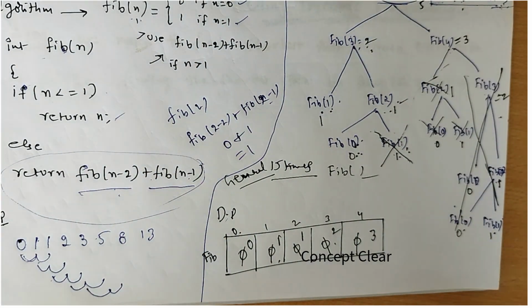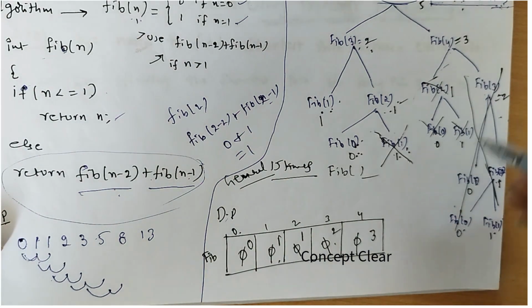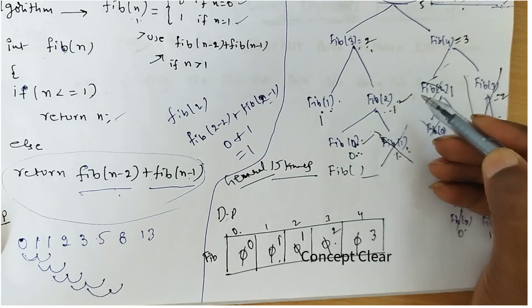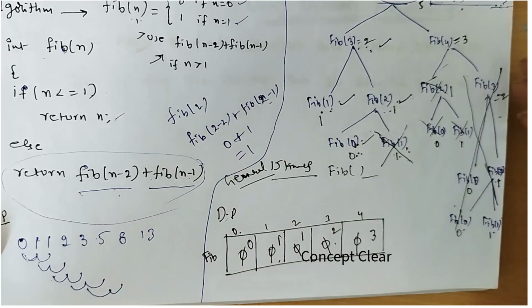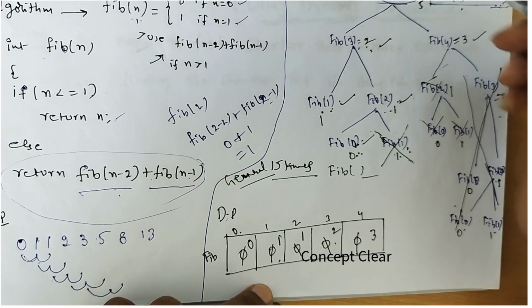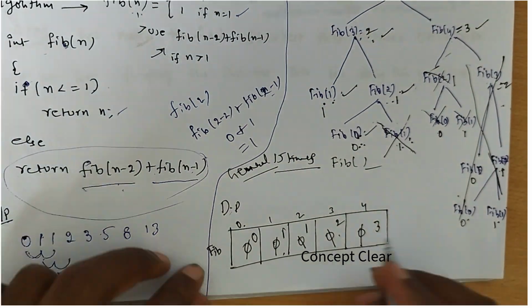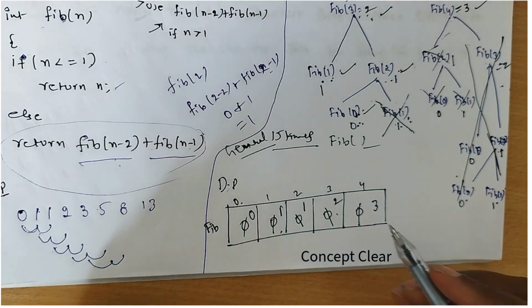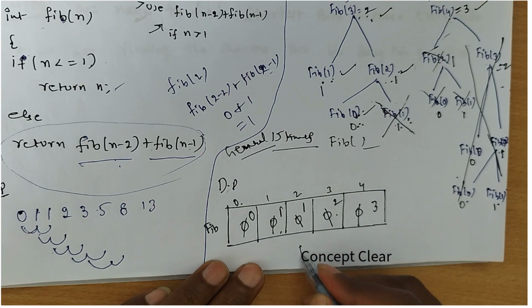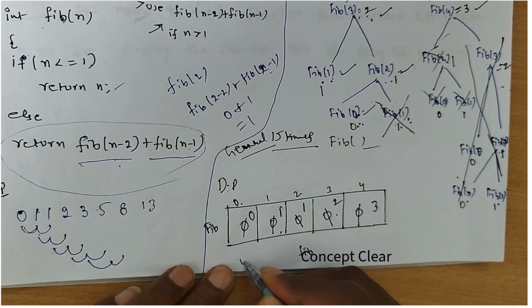Now check how many times we called the fib function here: 1, 2, 3, 4, 5, totally 5, and this is the sixth time. So using dynamic programming, we are calling the fib function only 6 times.